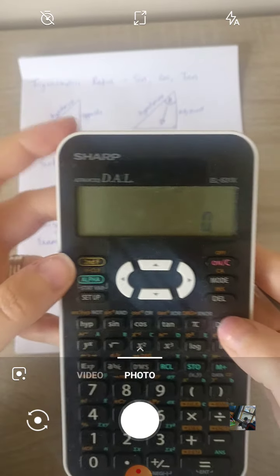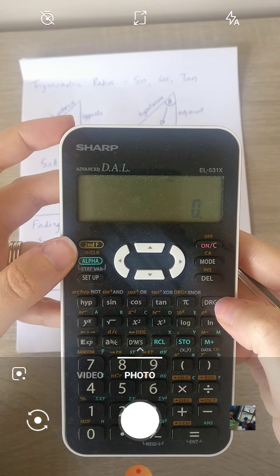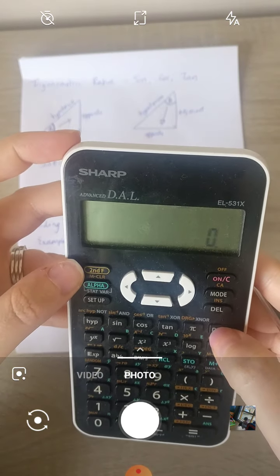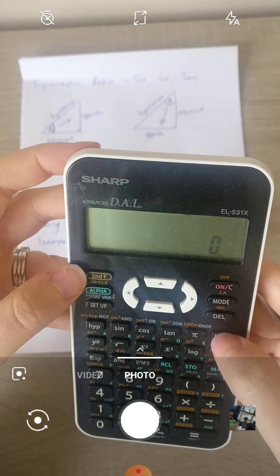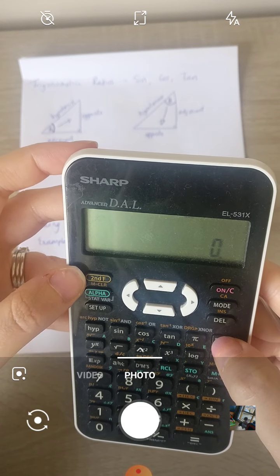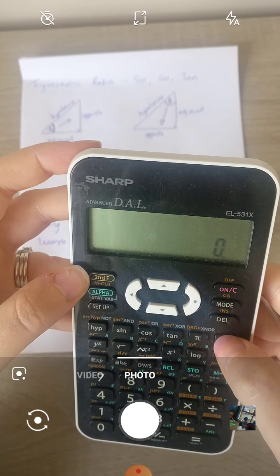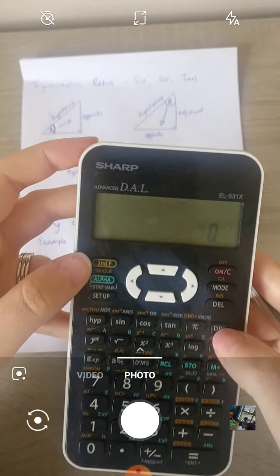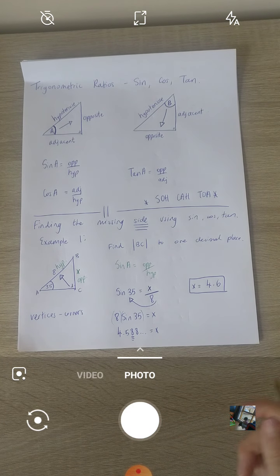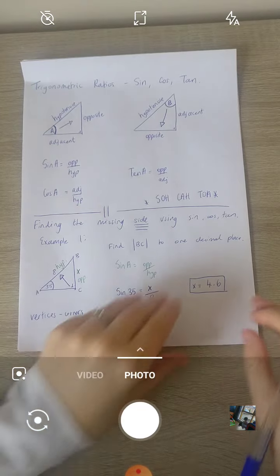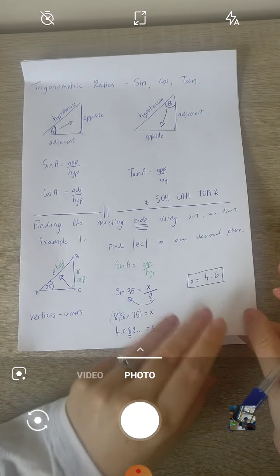So on the Sharp calculator, you're looking for a D or a G button, and you can see it changes at the top. It should say DEG for degrees or RAD for radians. So you need to make sure it's on degrees when you're using your calculator for trigonometry. Otherwise it will give you the wrong answer. So just be careful with that.